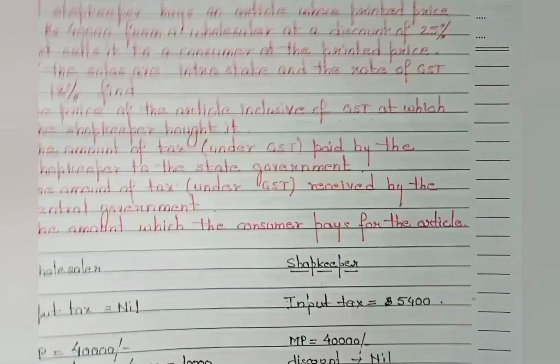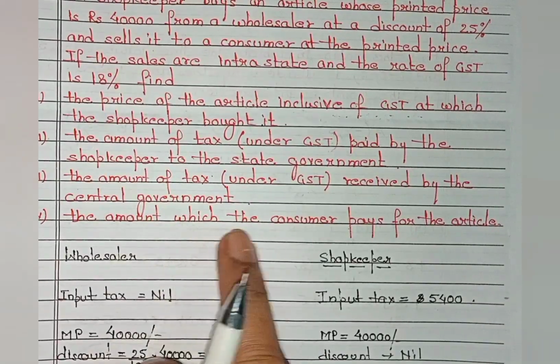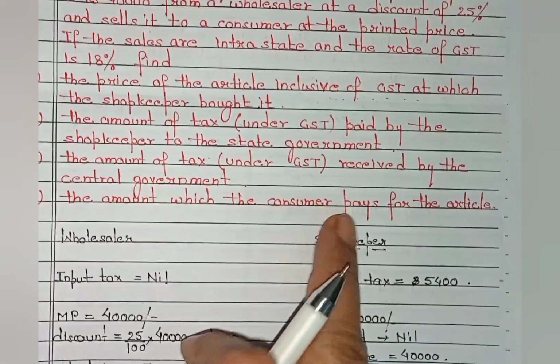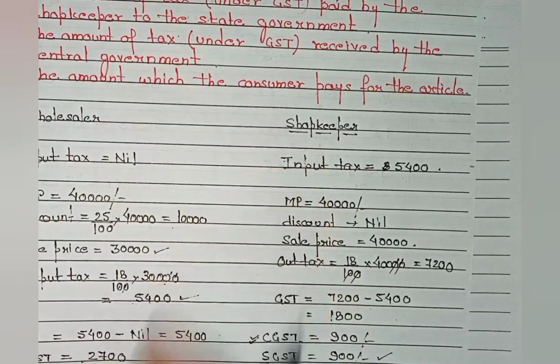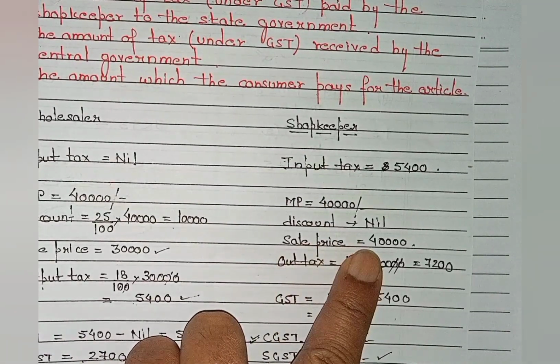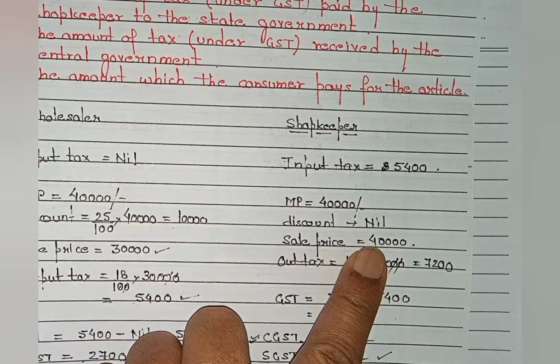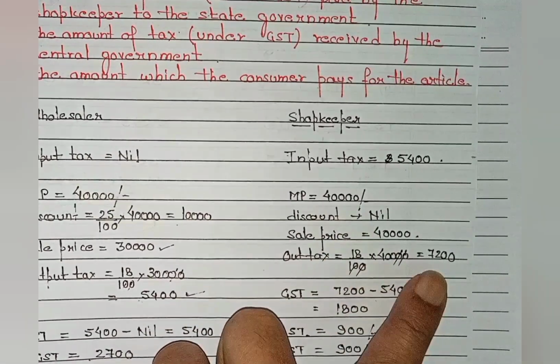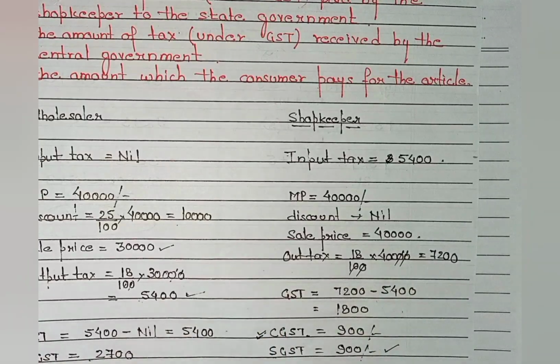Now moving on to the fourth part. In the fourth part they are saying the amount which the consumer pays. Now the consumer is purchasing the article from the shopkeeper, so whatever will be the sale price from the shopkeeper, that's 40,000 plus the output tax, that is 7,200.